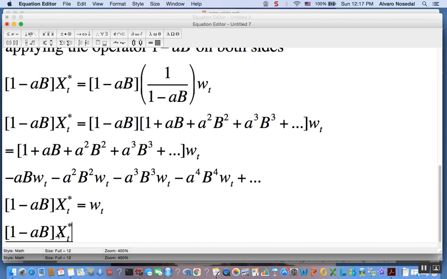Using this notation, what you end up with is Xt star. Let's open the brackets. This one, AB Xt star, is going to be just Xt minus 1 star.